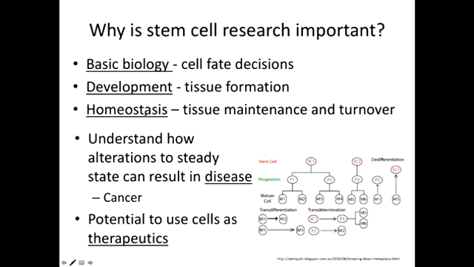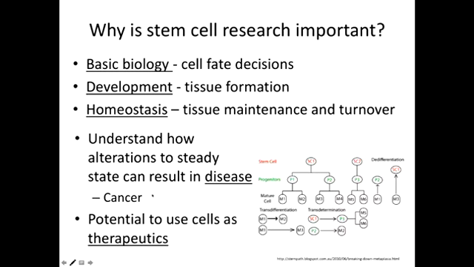So how do tissues maintain their integrity and how do they turn over? How do they respond to stress or to trauma? So it's maintaining the steady state but also responding to trauma, injury or a requirement for replacement of tissues. So it tells us about all of these key decision-making processes in both human development and maintenance.